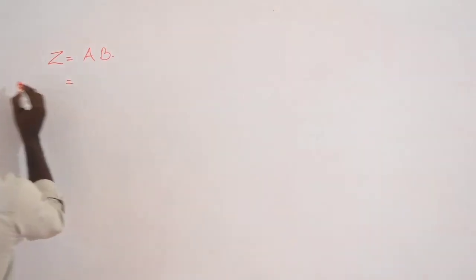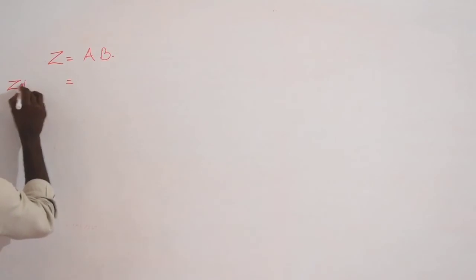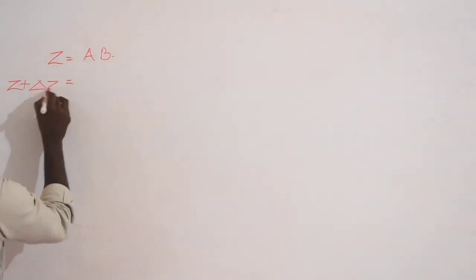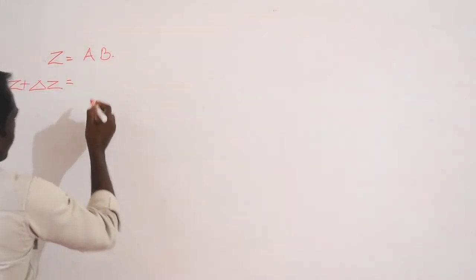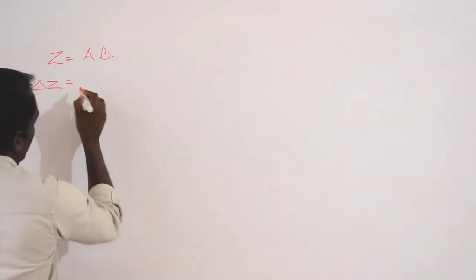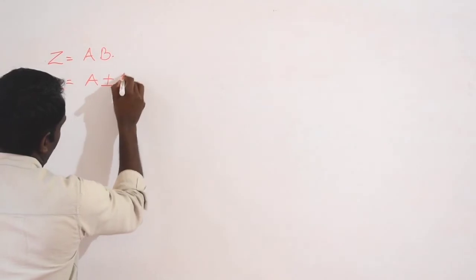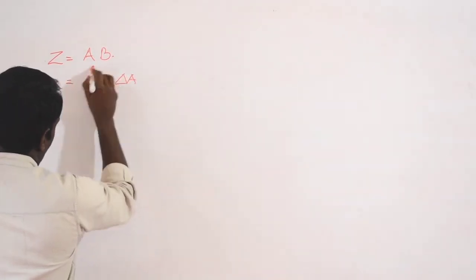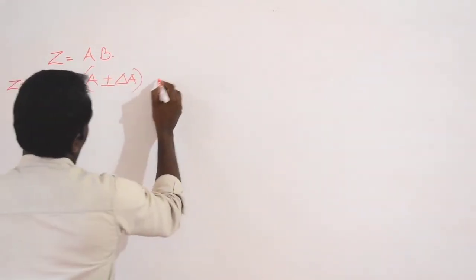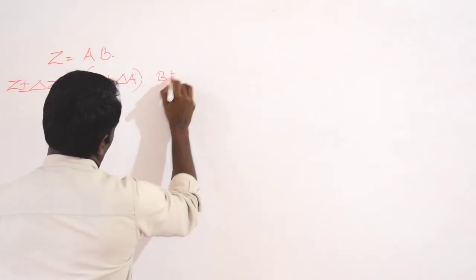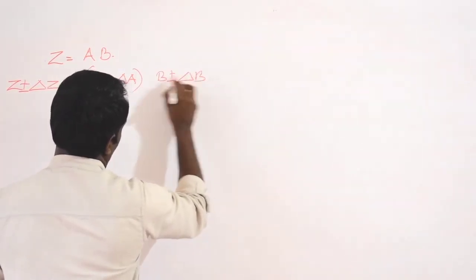So the resultant will be Z plus or minus delta Z, that is equal to, instead of A, we write A plus or minus delta A, into B plus or minus delta B.